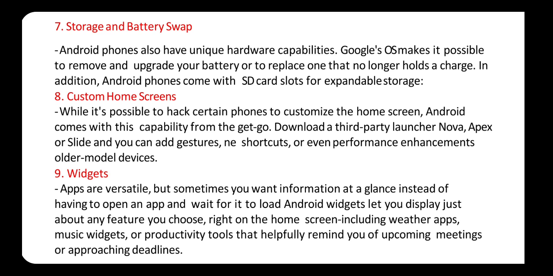Android has widgets, such as clock, weather information, and other apps that provide the temperature, etc. All these features are also available on your home screen, including weather apps, music widgets, and productivity tools that are helpful to remind you of upcoming meetings, notes or approaching deadlines.